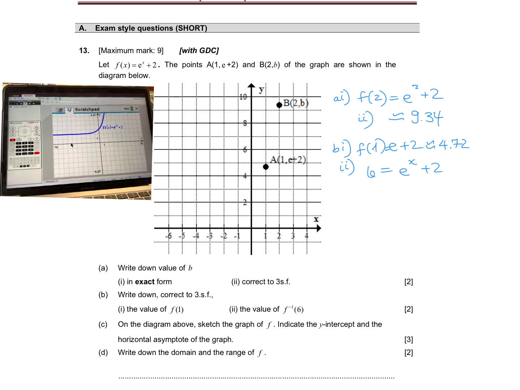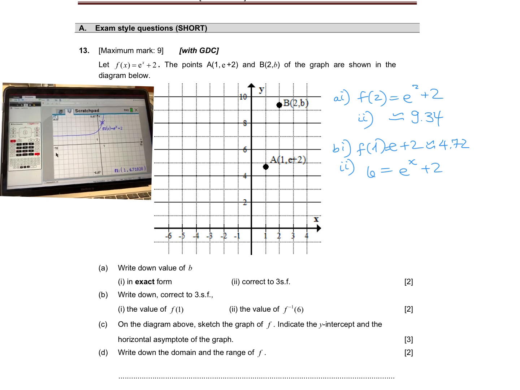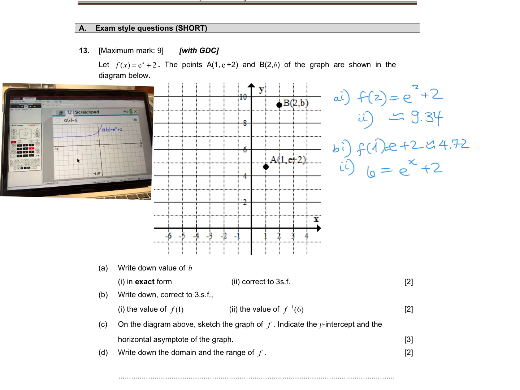And for all these other ones, except for when you want it in the exact form, you can always do graph trace. So if we wanted graph trace for BI, we just put in 1 and push enter, and there's the 4.72. So if we want to do this with the graph, we put in 6, and we can just find that intersection, okay?